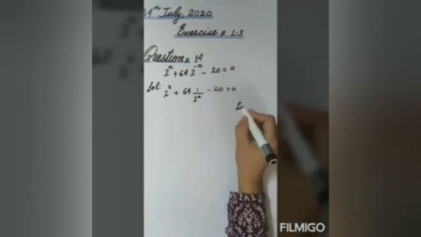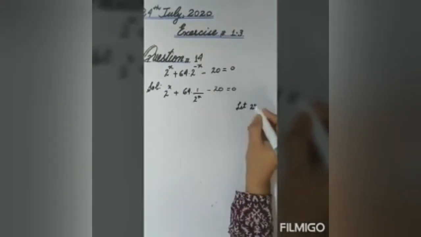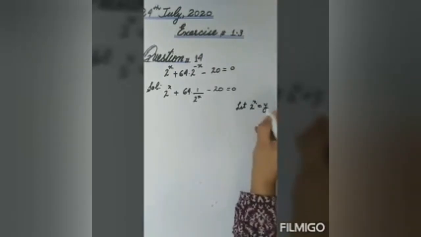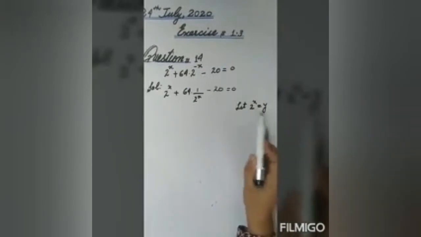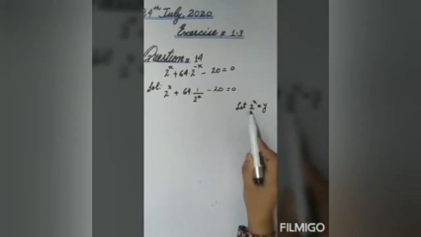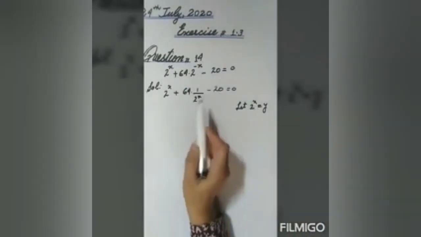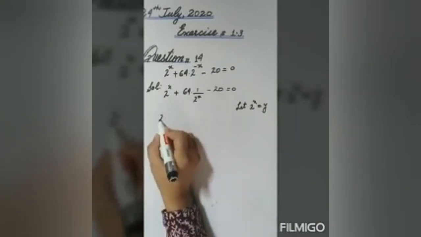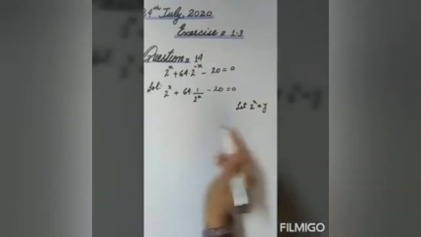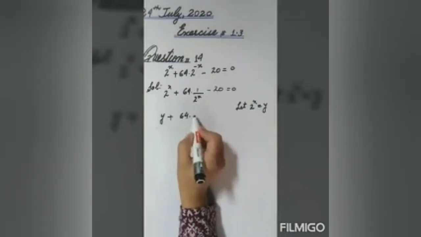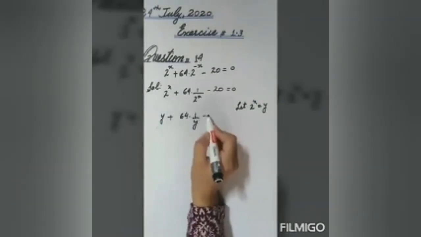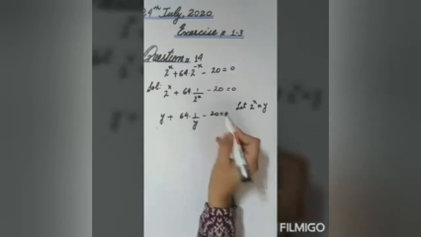Now what will I suppose? I will suppose 2 power x equals y. There is no need to take the square on both sides because we do not have 2 power 2x in the given equation. So we can write y plus 64 into 1 over y minus 20 equals 0.